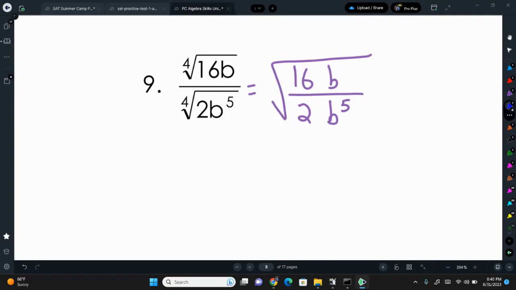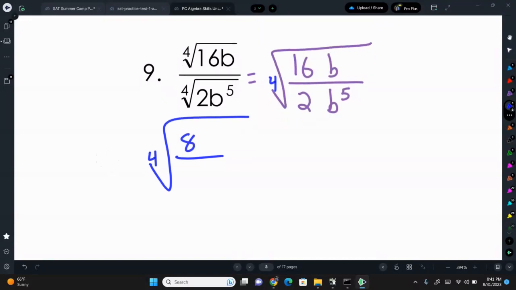So here we have 16 divided by 2. Well, 16 divided by 2 is 8. So we have the 4th root of 8. And then b over b to the 5th, if you subtract the exponents, 5 minus 1 is 4.